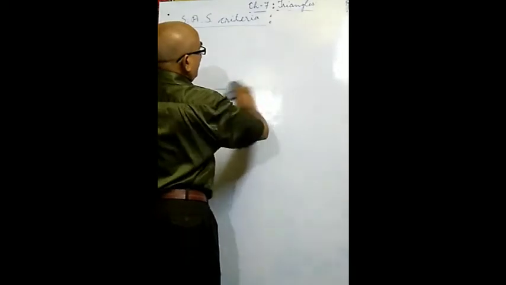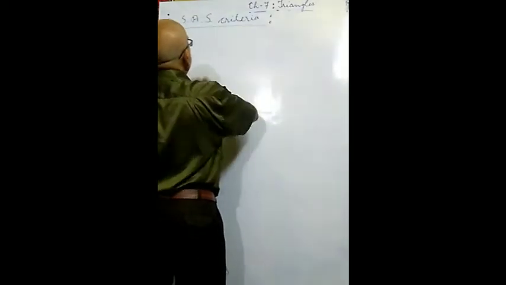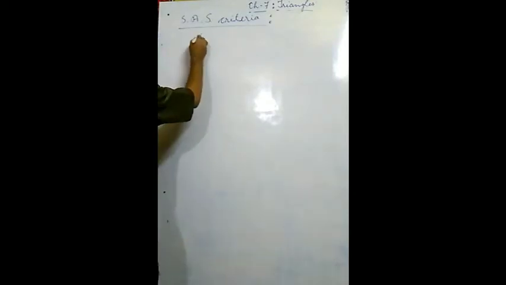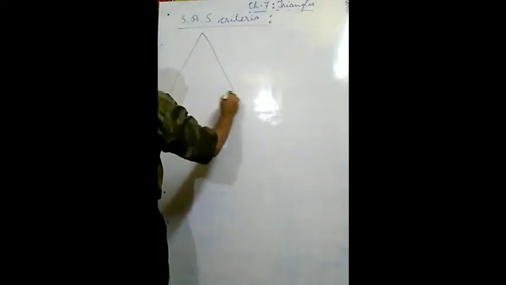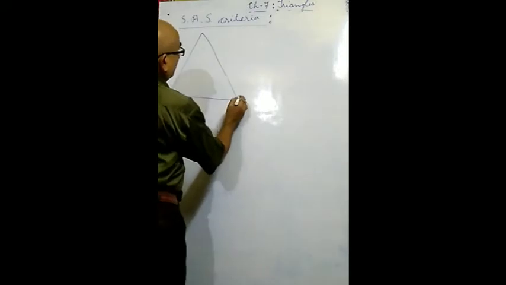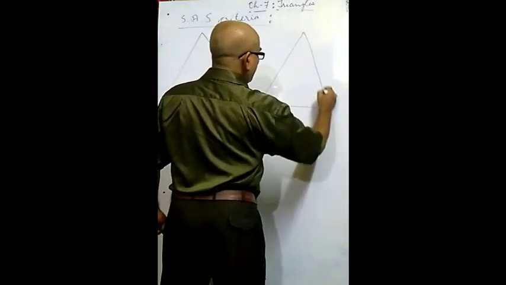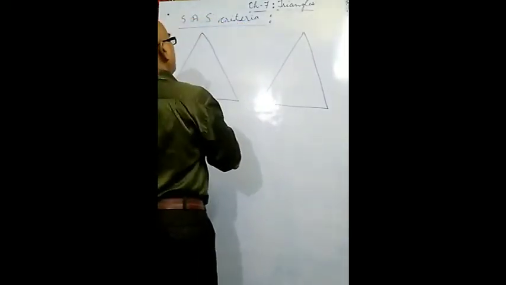Once again, try to follow. What is the meaning of side angle side? This one is triangle number first. This one is triangle number second. You may observe both the triangles are here.